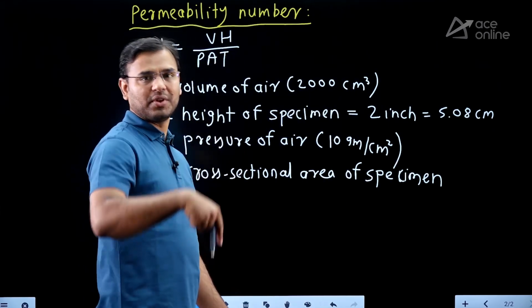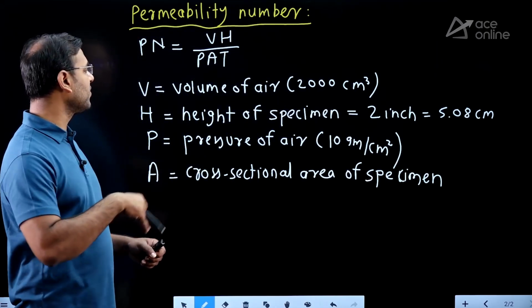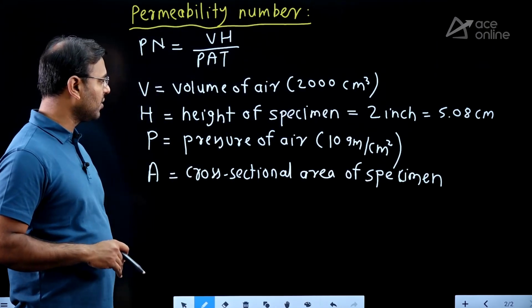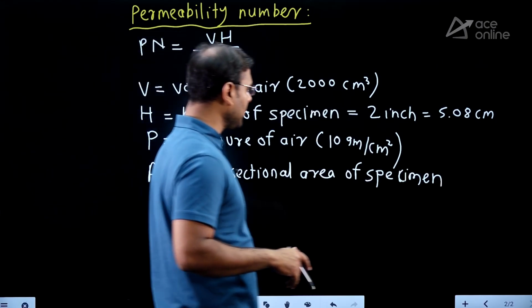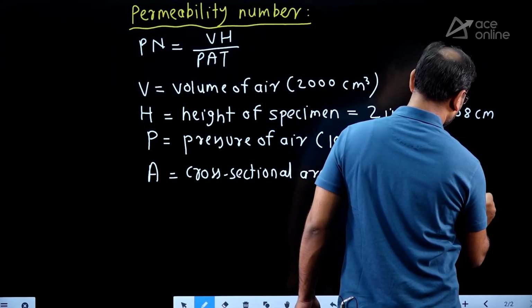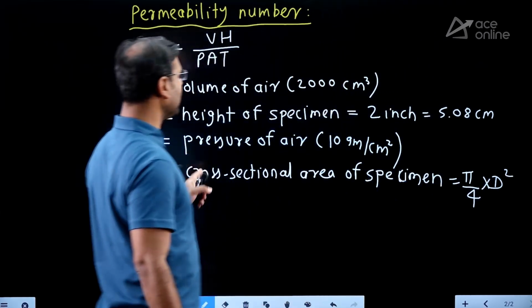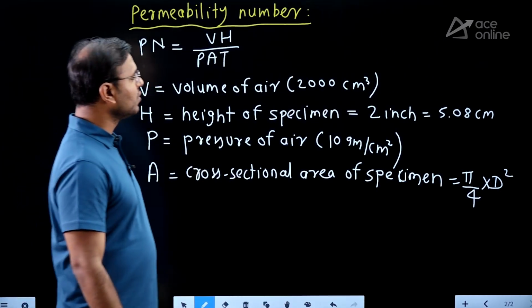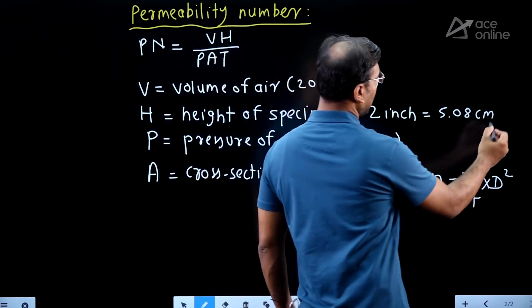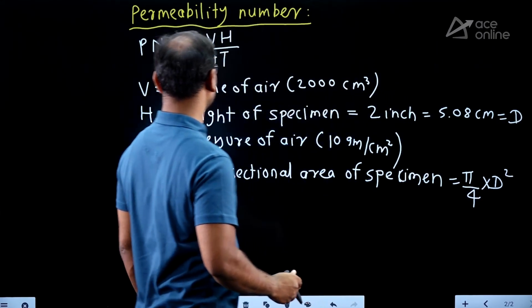The circular specimen we are going to use, and circular specimen means the cross-sectional area is circular and it has some height. It means we are going to use a cylindrical specimen, and here the cross-sectional area is pi by 4 into d square. But guys, here we wrote that H, the height of the specimen, is 2 inch, that is 5.08, and here we are using the height and diameter remaining the same.